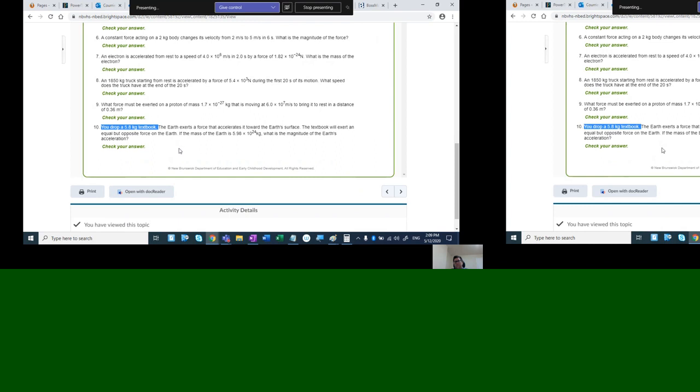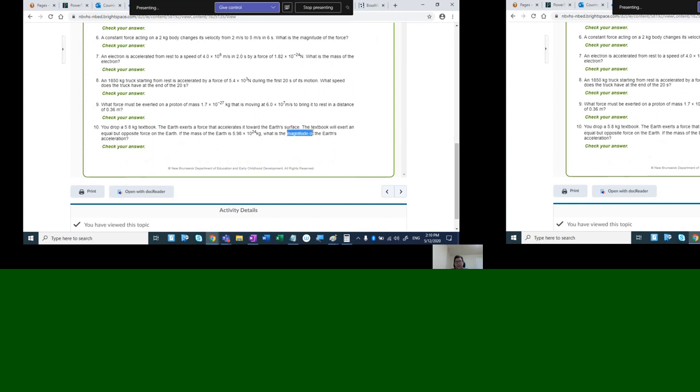right, so what this is saying is when you drop your book, the book and the Earth attract each other. The Earth being much more massive doesn't look like it's moving, but it is, slightly.